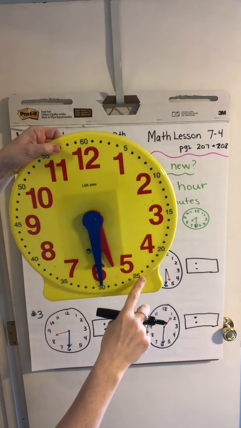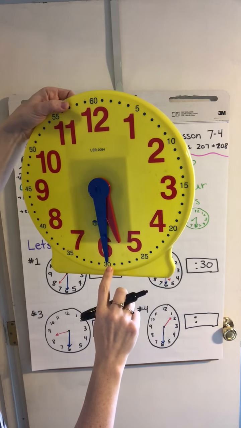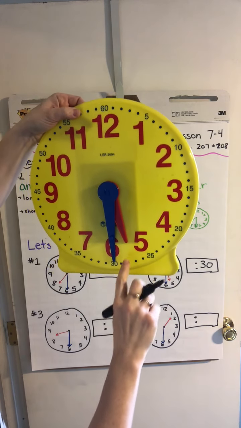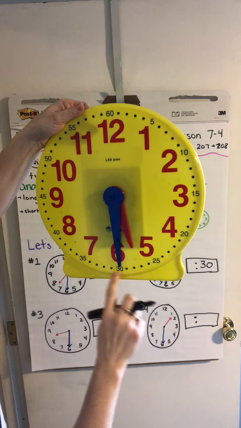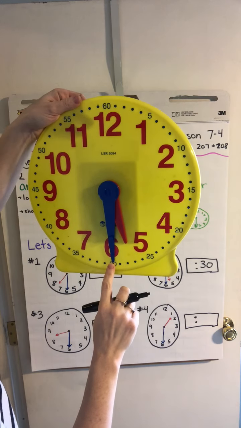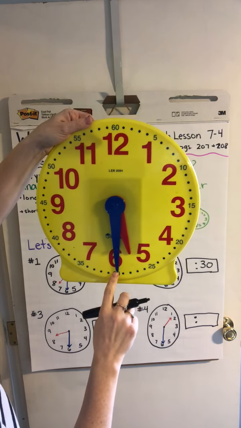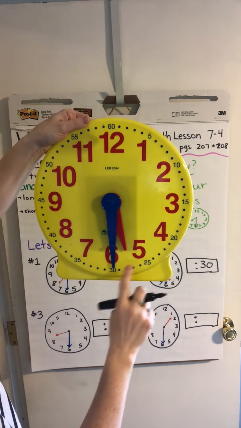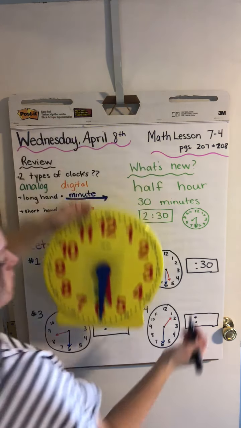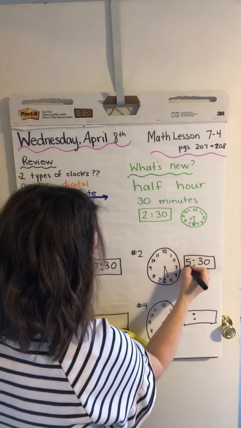Then we have to figure out that hour. The hour hand is between the 5 and the 6. If time kept going, it would be 6 here soon, but it is not 6 yet. It is still 5. And like we said, the minutes were 30. So this is 5:30.